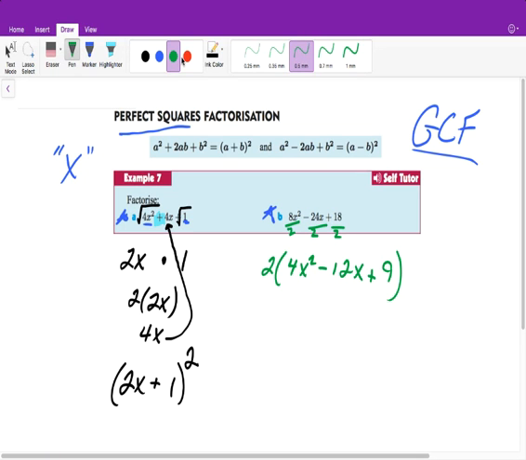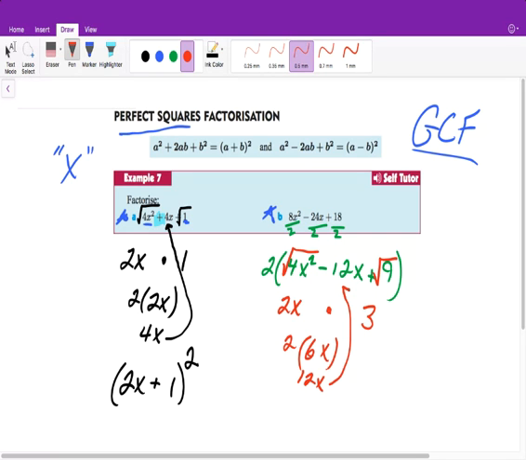Then I see I have a trinomial, so I have 3 terms, and I notice the first one is a perfect square because 4 and x squared I know are perfect squares. I can take the square root of that, so that will be 2x, and I look and say, can I take the square root of this third number? And I can, that's 3. Then I multiply the two together. 2x times 3 gives me 6x, and then remember I have to double it, and 6x times 2 is 12x.